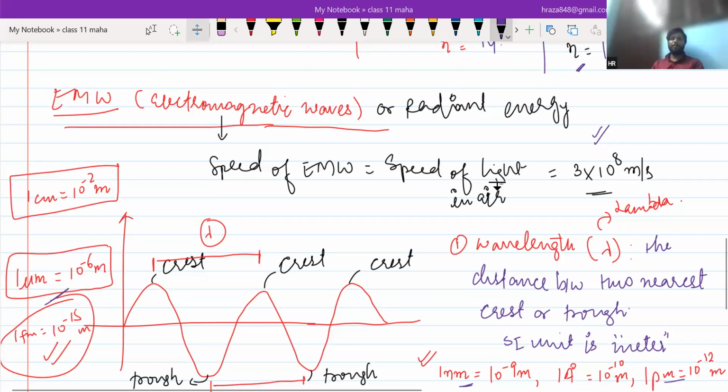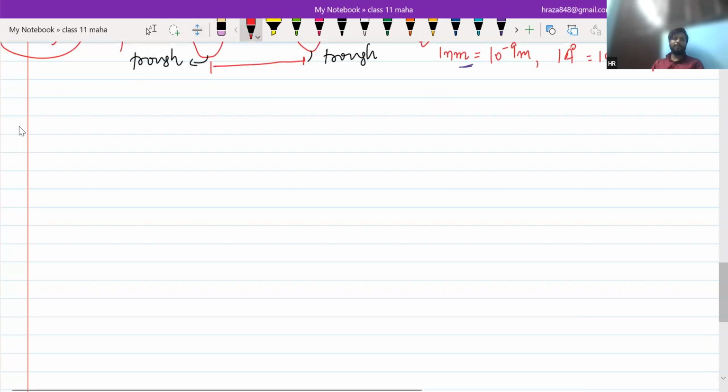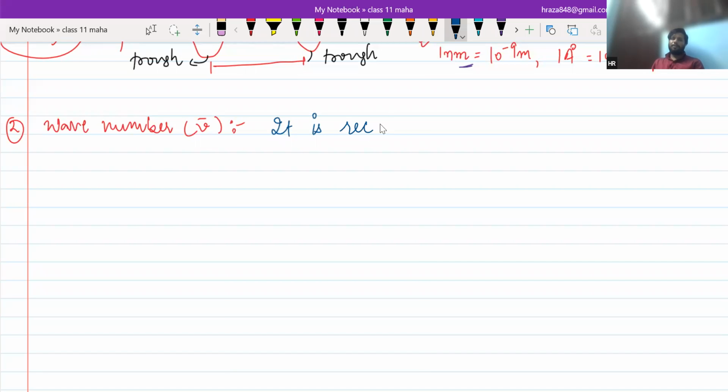Very good. Now see, after wavelength, the second term is nu bar. Basically, it is wave number. It is the reciprocal of wavelength.